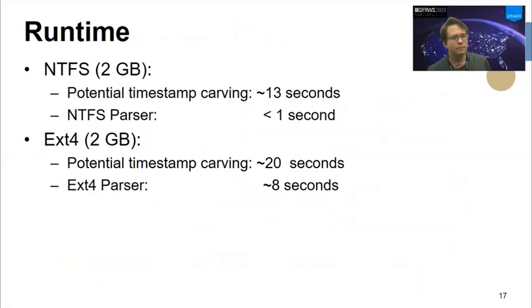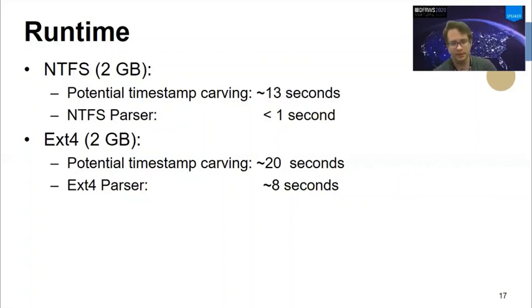Before was essentially discussing precision and recall, but let's discuss the runtimes for the experiments as well. Running the potential timestamp carving on the Ntfs image took approximately 13 seconds, and running the Ntfs specific parser took less than 1 second. On the other hand, for the ext4 image, the potential timestamp carving took about 20 seconds.